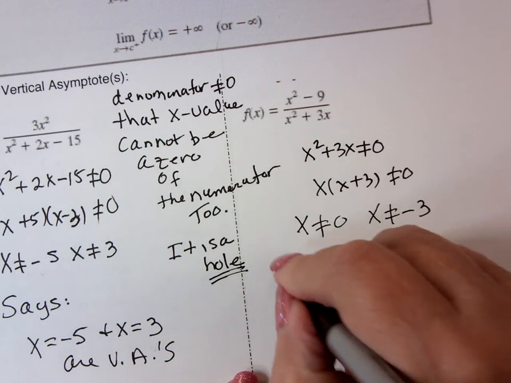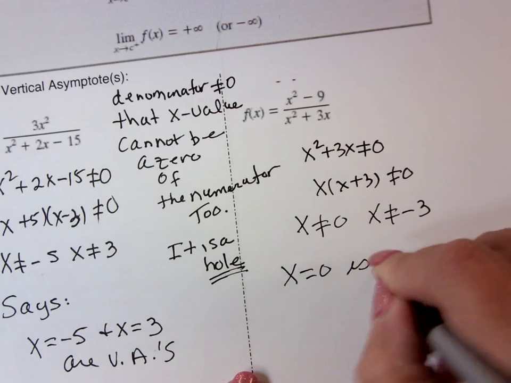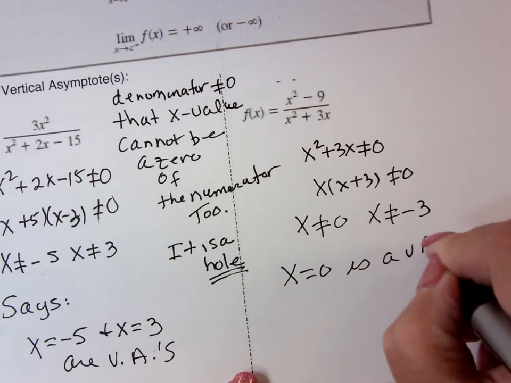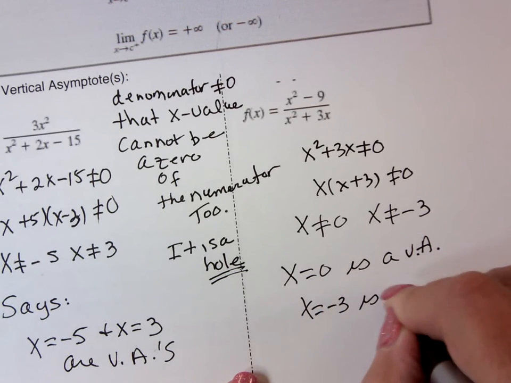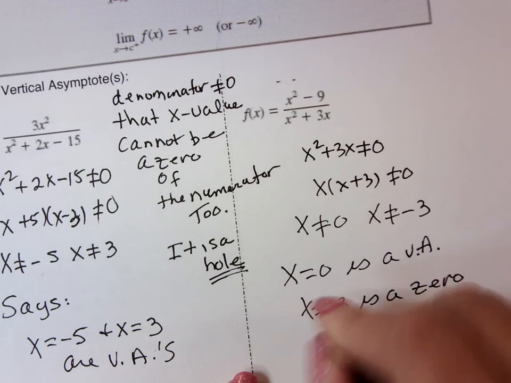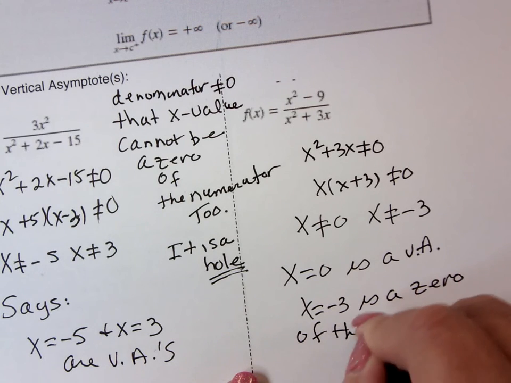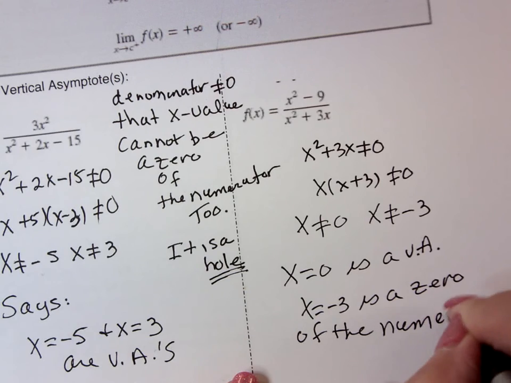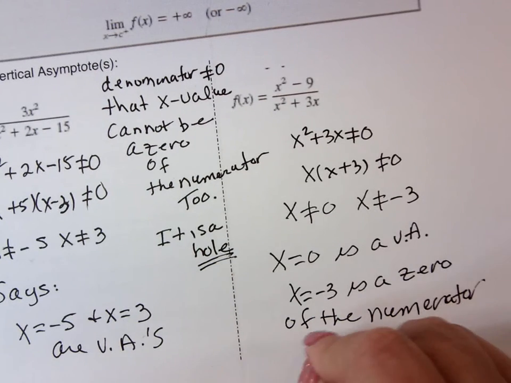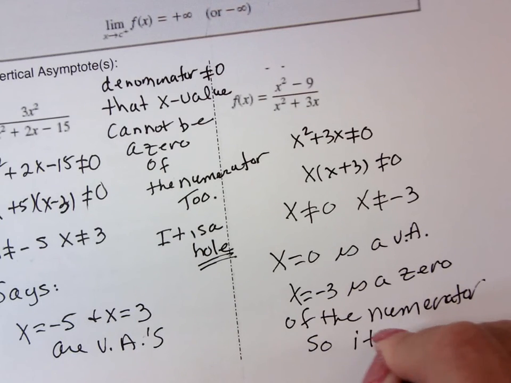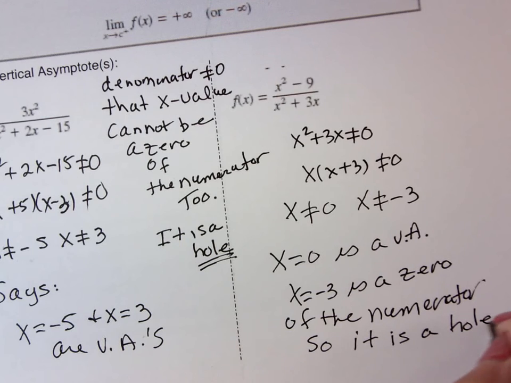Yeah. x equals 0 is a VA. x equals negative 3 is a 0 of the numerator. So it is a hole. Just have to be very careful.